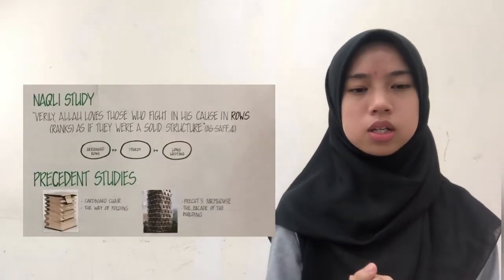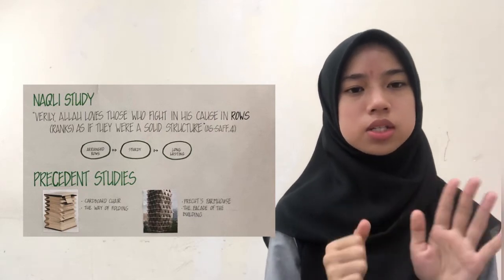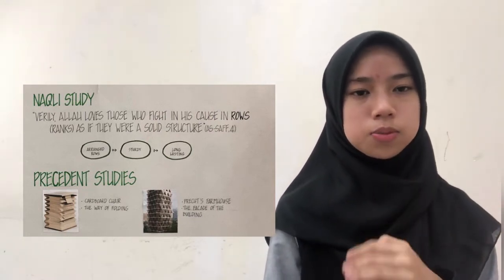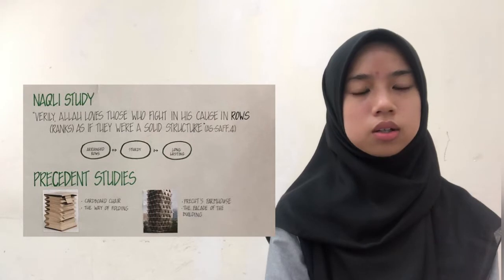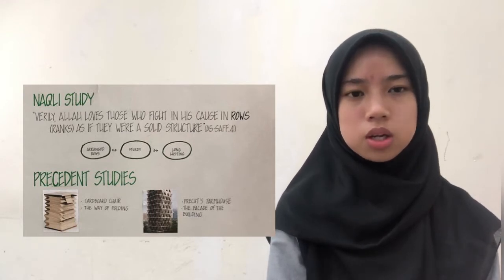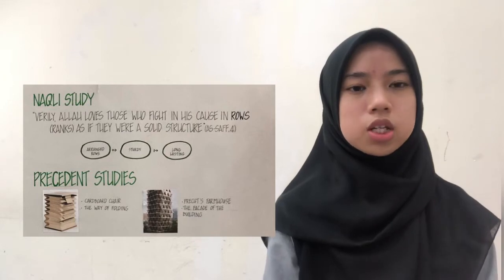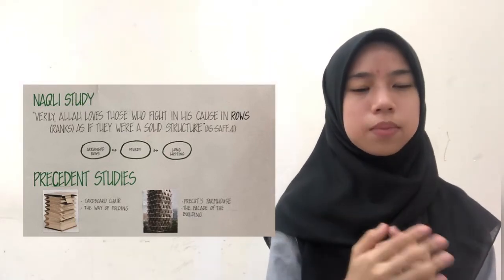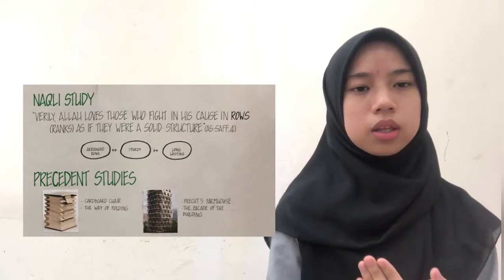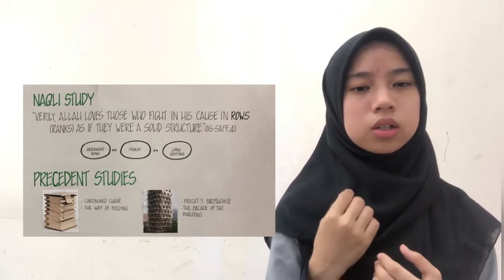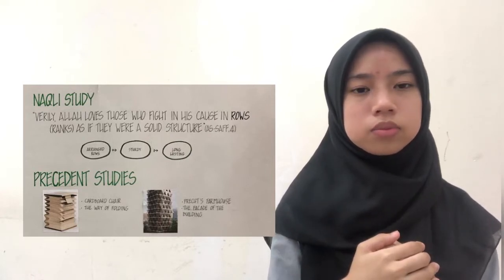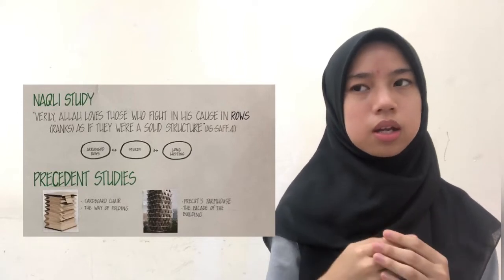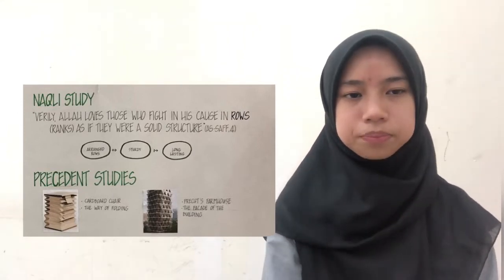After that, I came up with a Naqli study from a Quran verse from Surah As-Saf, chapter 61, verse 4, which means: Bismillahirrahmanirrahim, verily Allah loves those who fight in His cause in a row as if they were a solid structure. This verse suits my concept perfectly because I would like to design a pop-up pod that mainly provides comfort and ease for the frontliners to rest, and is sustainable so that they can use it in the long term.